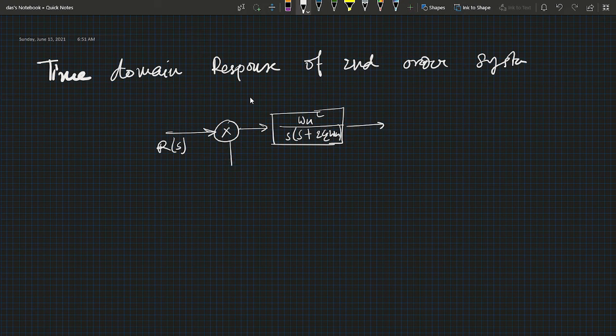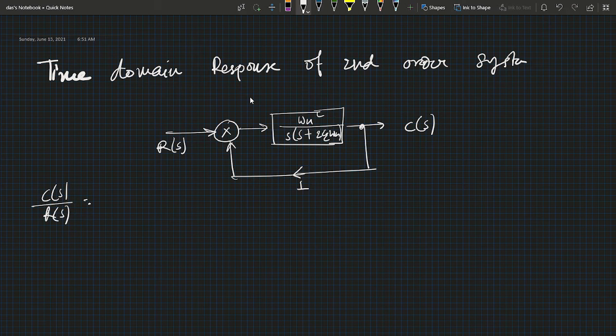The output has a feedback, which is unity feedback, that is 1, and this is the output C(s). Now we know that the closed loop gain C(s) by R(s) equals omega n squared divided by s squared plus 2 zeta omega n s plus omega n squared, where omega n is the undamped natural frequency.